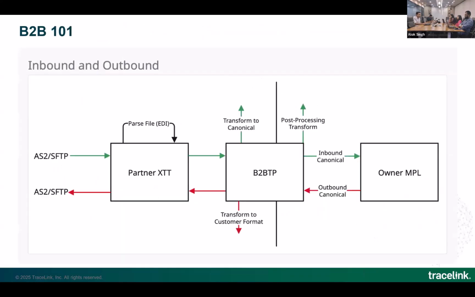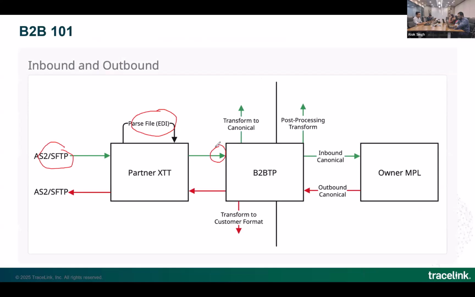Okay. Now, this is how your inbound and outbound is handled through B2B. So you sent a transaction, either from AS2 or using SFTP. It can be owner or partner, whoever's XTP. First thing that happens is we parse the EDI file and check the format of the EDI file.